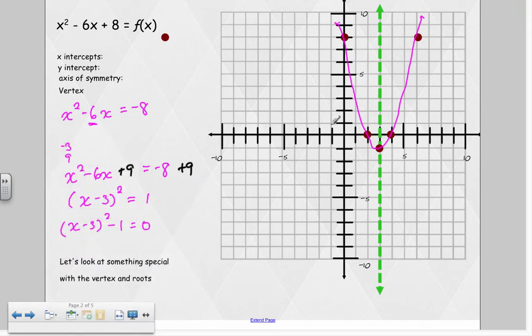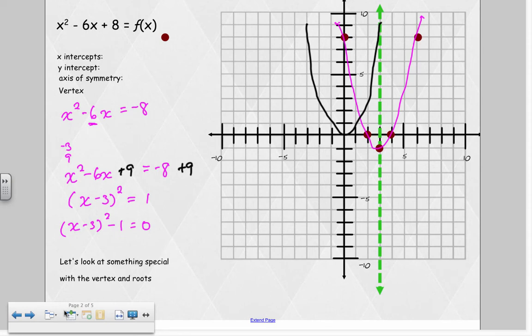Let's just give a mama parabola over here for a minute. So let me set up a mama parabola. That's as good as I can get a mama parabola real quick.